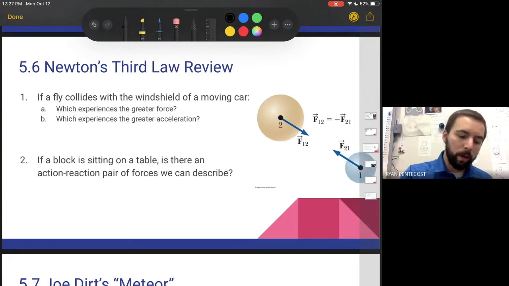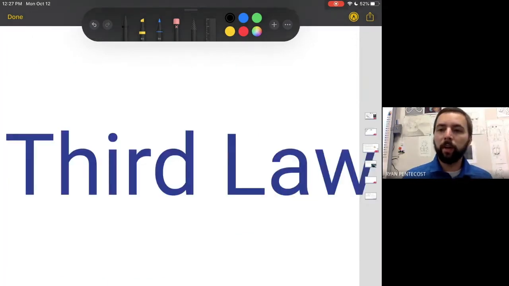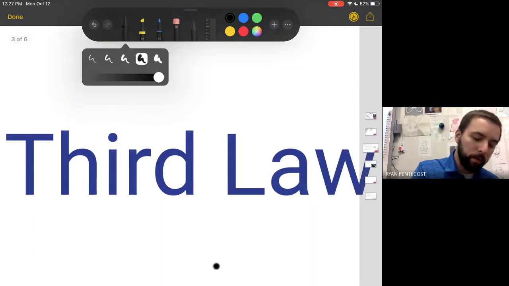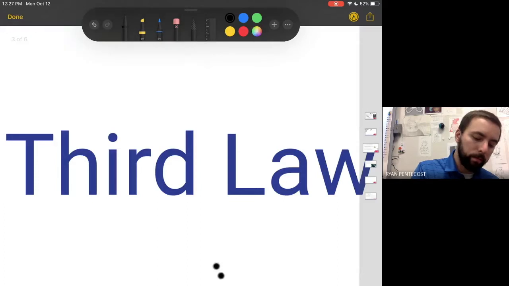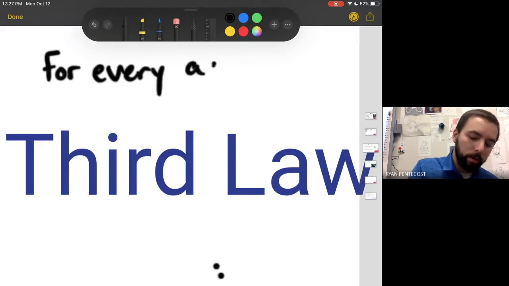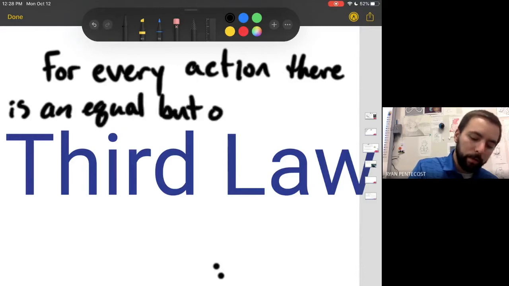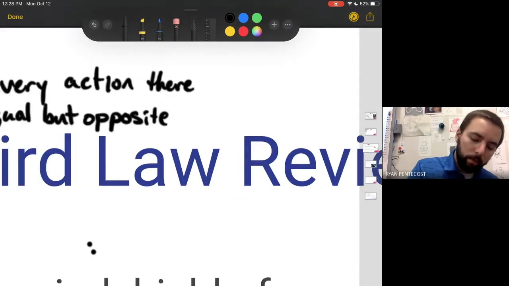So Newton's third law, before we start, is that for every action, there is an equal and opposite reaction. So I'm going to write that real quick. For every action, there is an equal but opposite reaction.